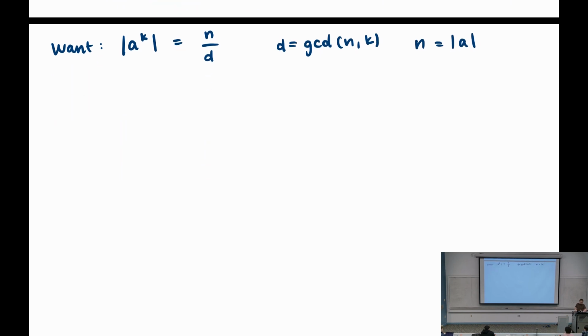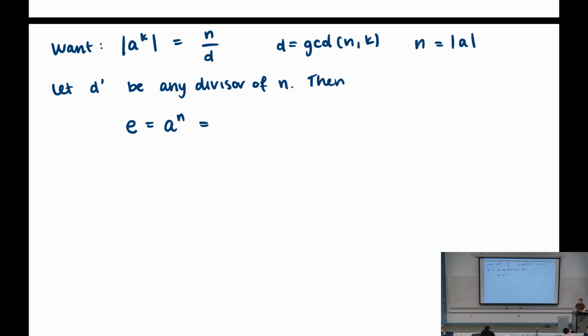Okay, so let D prime be any divisor of N. Then we have that E is equal to A to the N, and this is equal to A to the D prime times N over D prime.